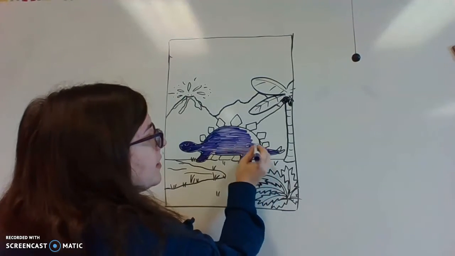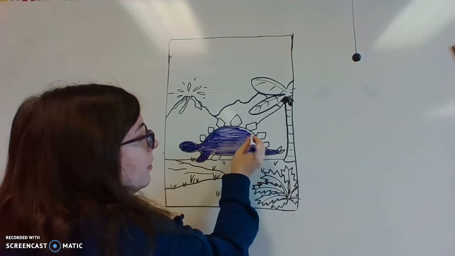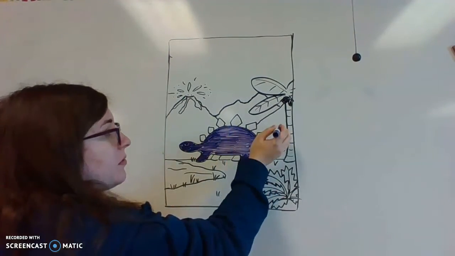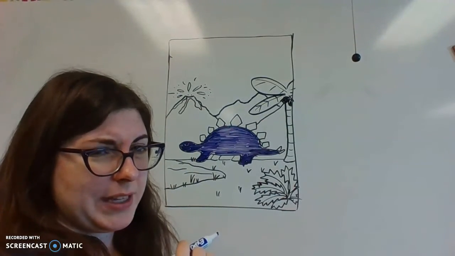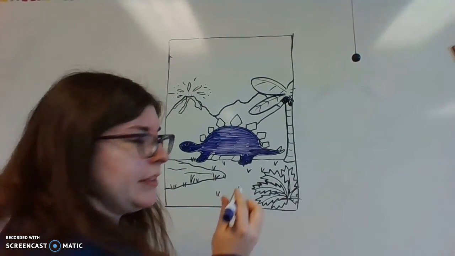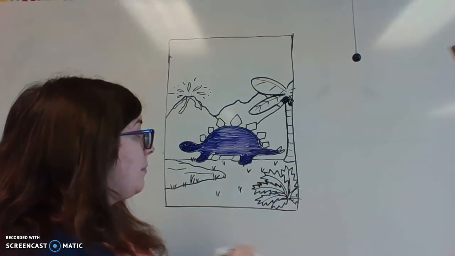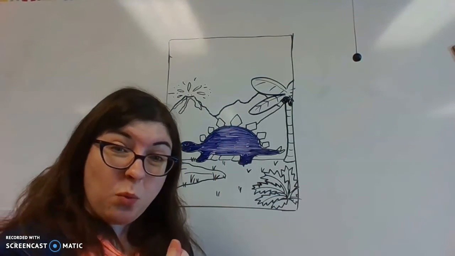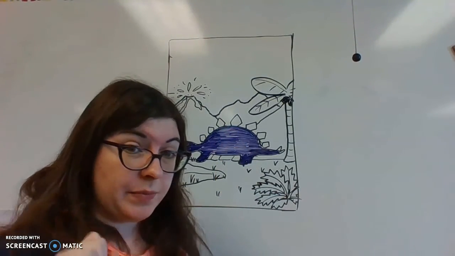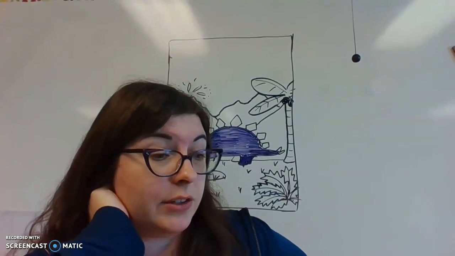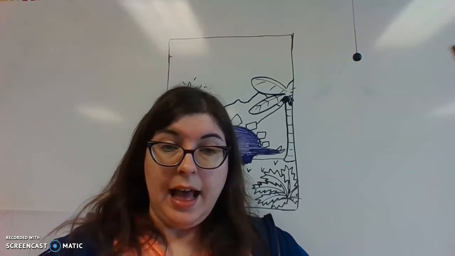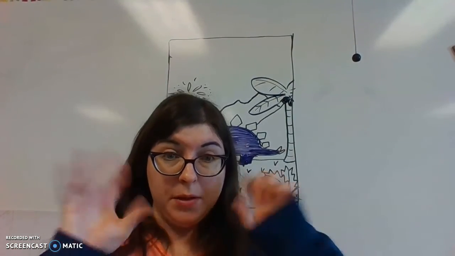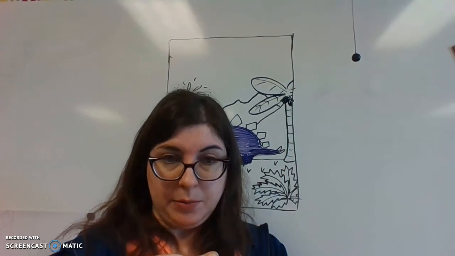If you decide to make your mountains brown, maybe each mountain is a slightly different brown, but definitely don't have a brown dinosaur because then we won't see it anymore. Now, I'm going to go ahead and stop there because I've got one more important step to tell you. And that is when you are done, you need to outline your drawing, hopefully with a black marker. Outlining your drawing will make it pop and show up when you're reading the book.